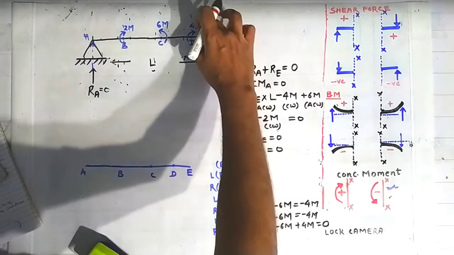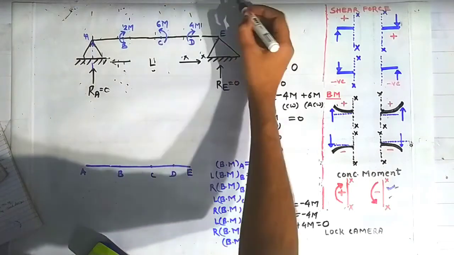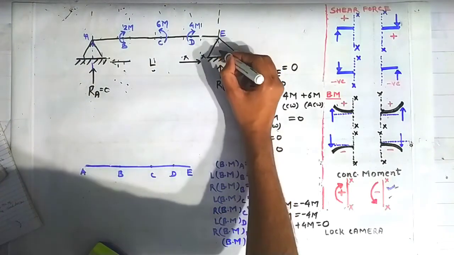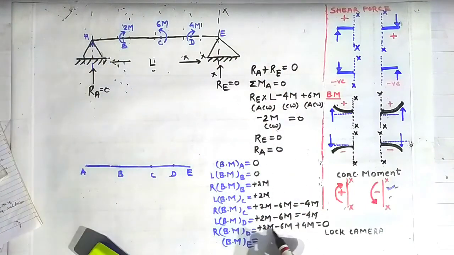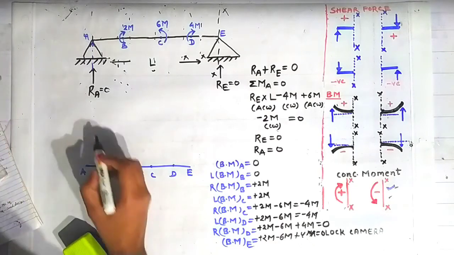Now friends, bending moment at the point E, if we want to calculate, the same calculation will repeat as in the case of the right side of the point D, and it will give us plus 2m minus 6m plus 4m is equal to 0.